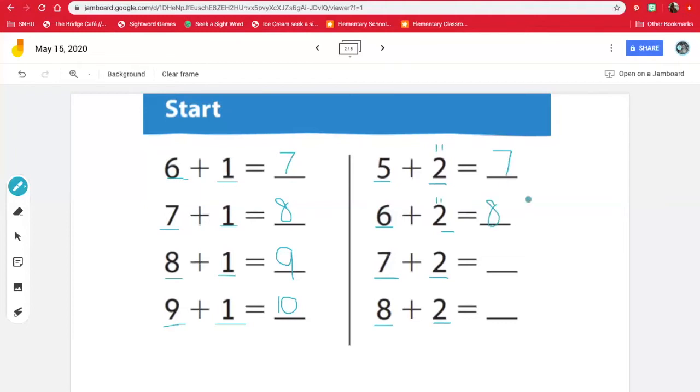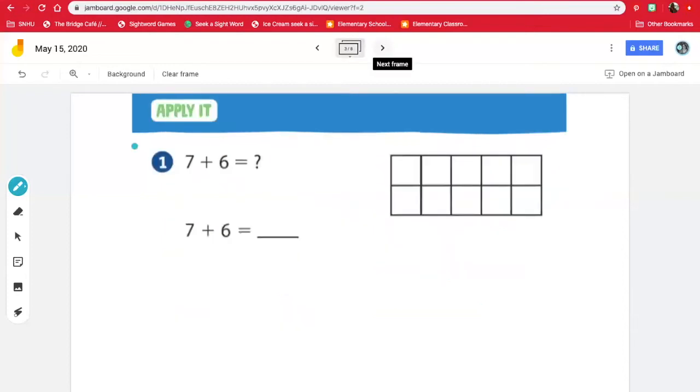Notice that these ones are increasing by 1. So 7, 8, 9. And I bet 8 plus 2 will be 10 because 9 and 1 more makes 10. So we can recognize patterns when we're adding as well, and those can help us.